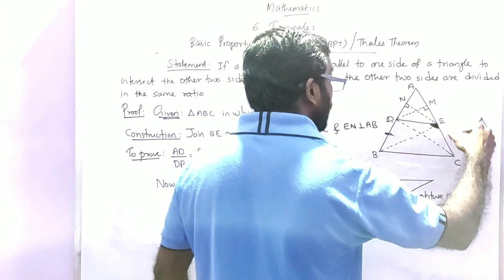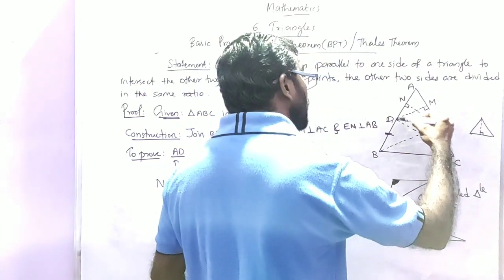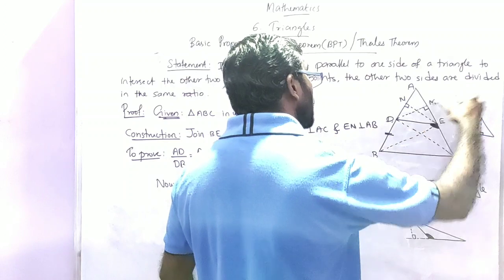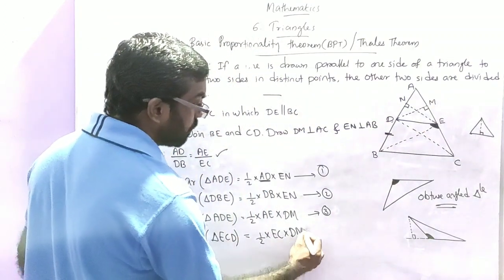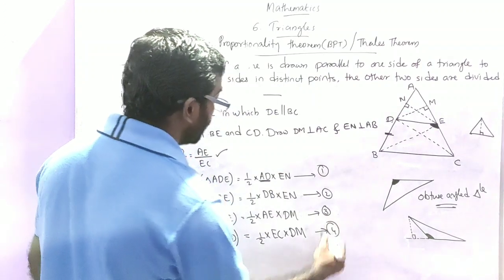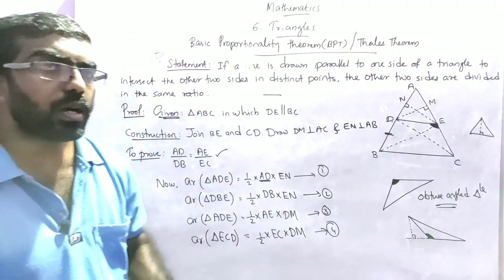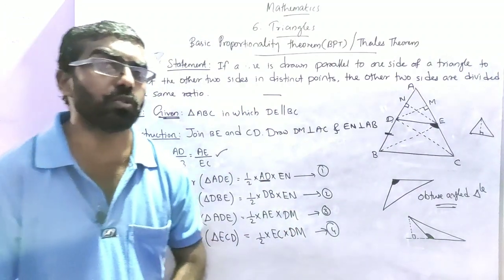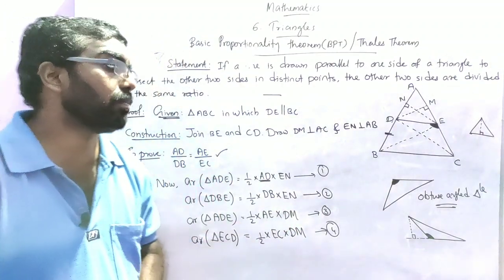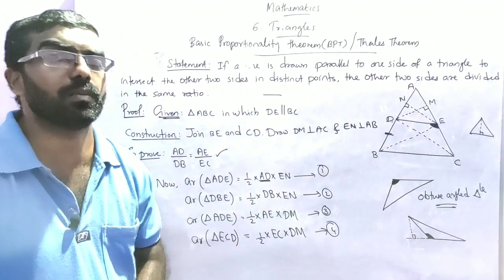So the altitude, here EC is the base and the altitude in that direction is what? DM. Okay, so it is DM. Equation number 4. Okay, if you are able to write these 4 steps, the theorem is almost over. You can write the remaining parts from these 4 steps.